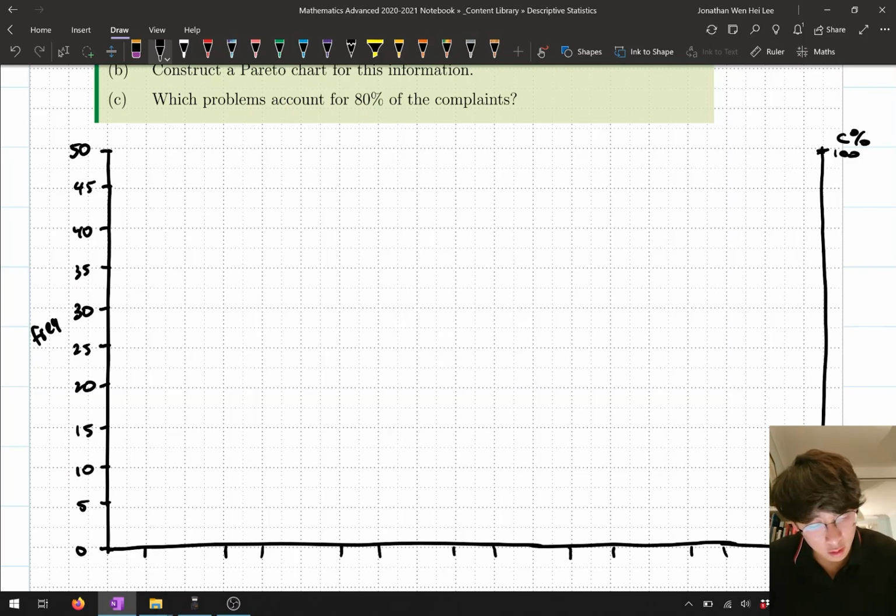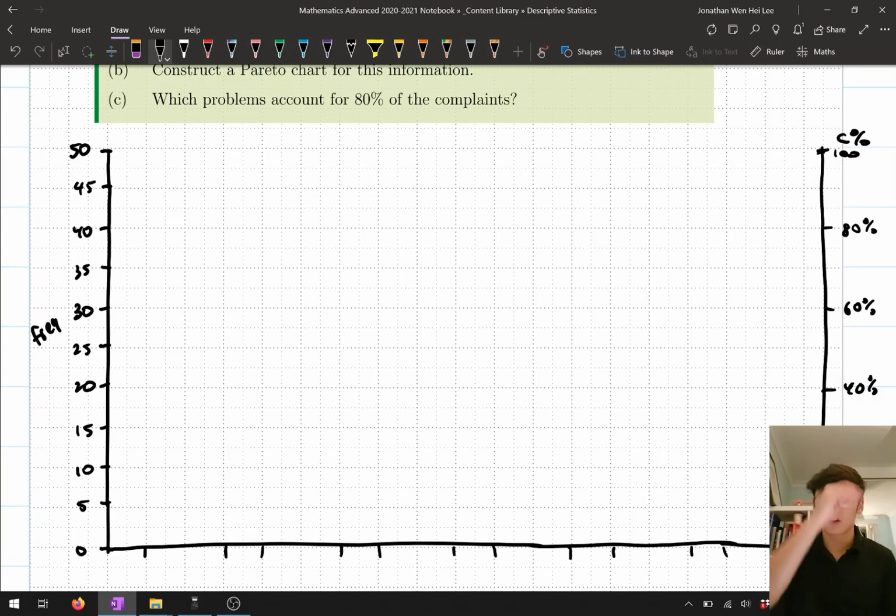Going up by a fifth each time, 20% is up every 2 boxes, 40%, 60%, 80%. So there we go.